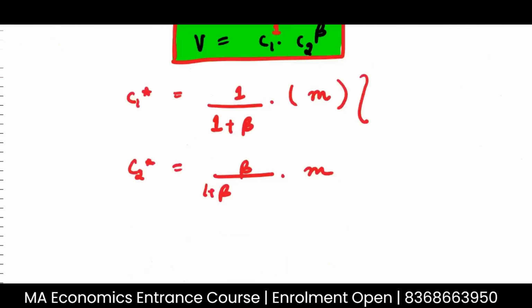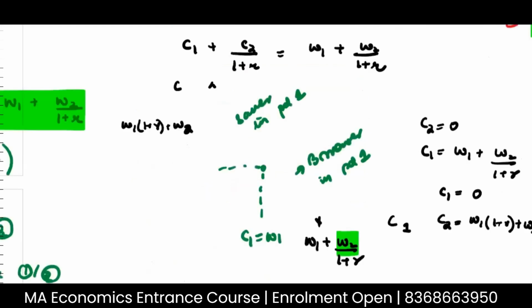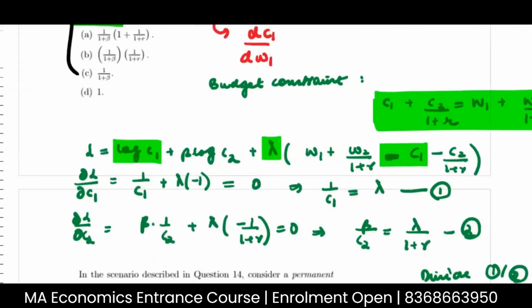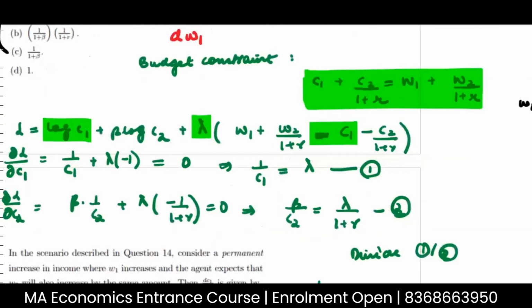We know what my total income is over the 2 periods, so I can just use this formula and get C1 star, C2 star. Alternatively, I can use the technique of forming the Lagrangian. So up to you, all 3 methods are available.